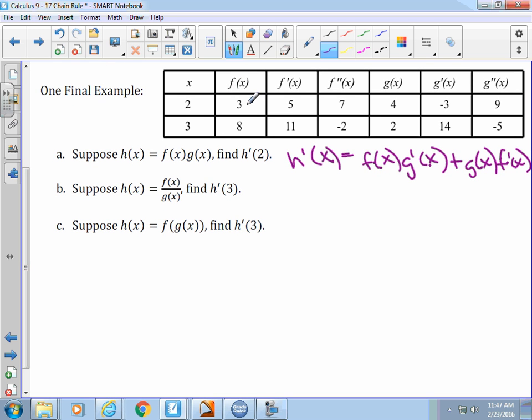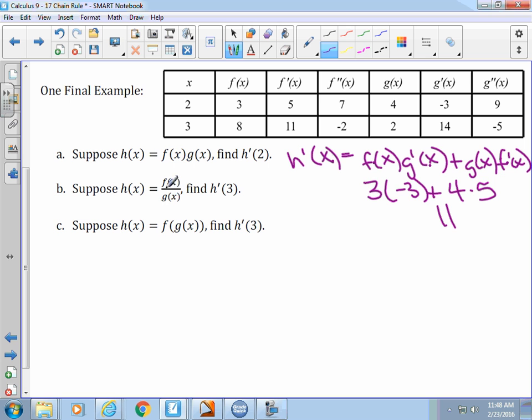F of 2 is 3. G prime of 2 is -3. Well, this says find h prime of 2. G of 2 is 4. F prime of 2 is 5. Multiply and add.